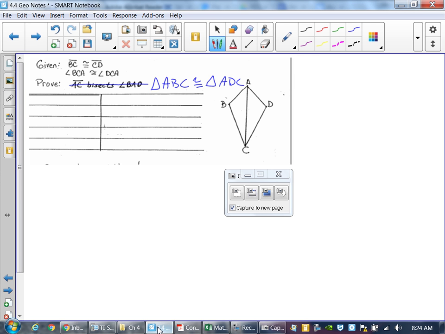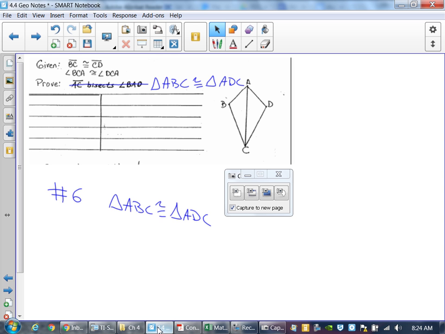The 5th one has it showing proving triangles, so that's not a big deal. The 6th one, which triangles do you think we should do again? Oh, I don't know, ABC, ADC? So on the last triangle as well for number 6, same deal.